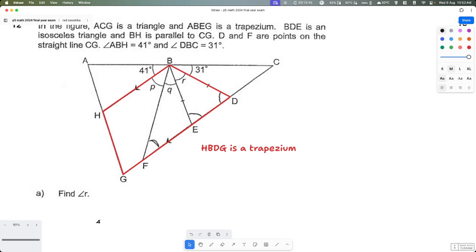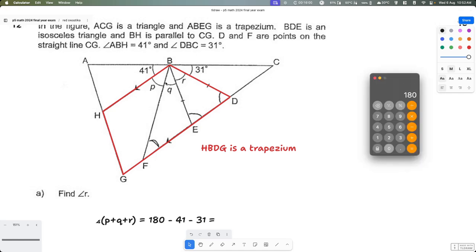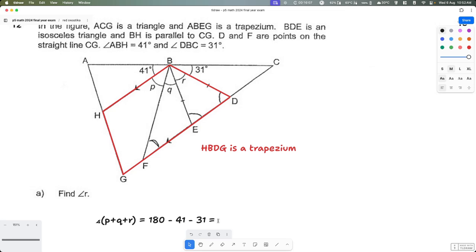P plus Q plus R is equal to 180 minus 41 minus 31. Let's use the calculator. So 180 minus 41 minus 31 gives us 108 degrees. Why we do this is because we can get one of the sides of the rectangle, in this case over here.